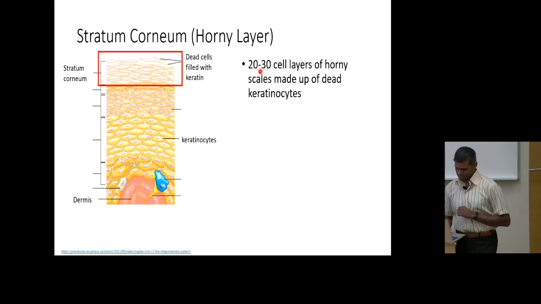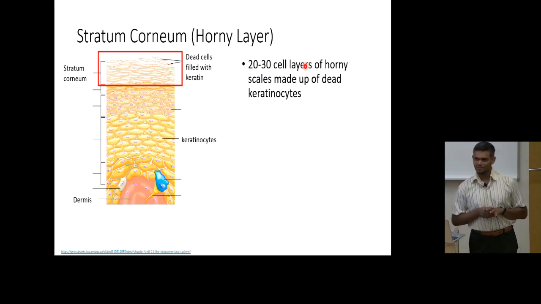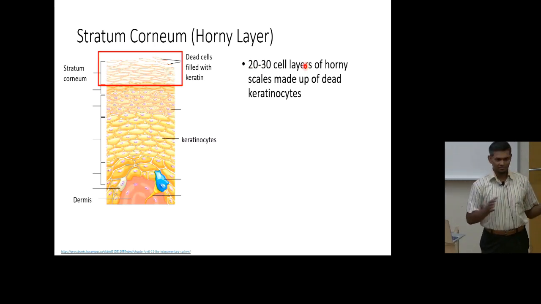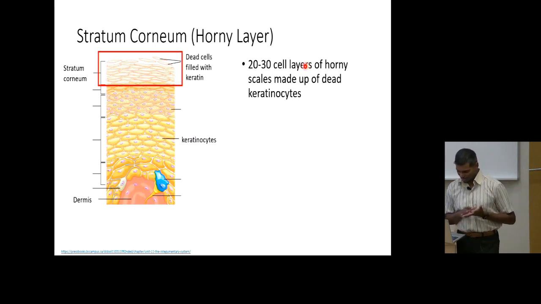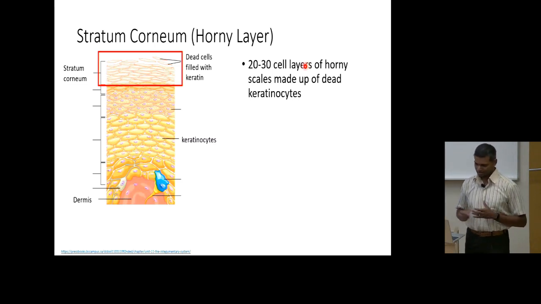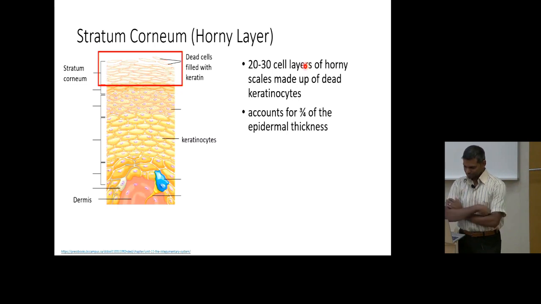Notice that I say 20 to 30 layers because depending on what kind of activity you're doing, you could have more layers than others. For example, I have calluses on my hands because I like to do pull-ups once in a while. If you do pull-ups or play the guitar, you will develop calluses, and so you can have more layers in your stratum corneum.